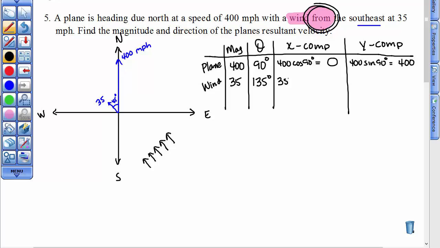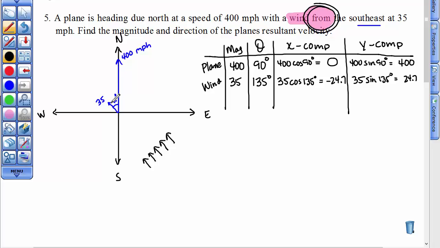When you take 35 times the cosine of 135, that's what gives you the negative sign on your x component of negative 24.7. And when you take 35 times the sine of 135, because sine is positive in the second quadrant, that gives you the positive 24.7.